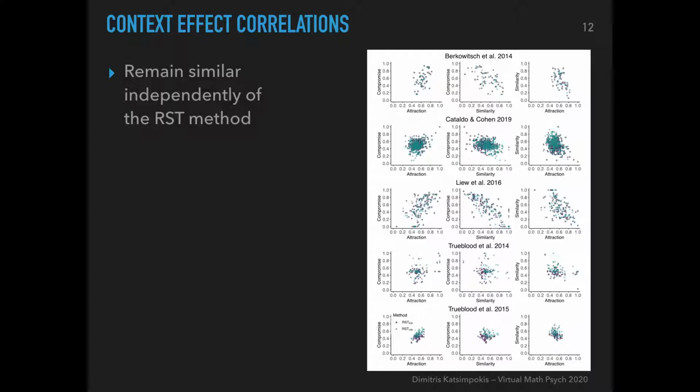And just by looking at it, I think it's clear that there's not much disagreement between the correlations of the two RST methods. One of the reasons for that is that disagreements in the means of the marginal RST distributions, which we saw from the previous slides, can happen, but still don't affect the correlations.